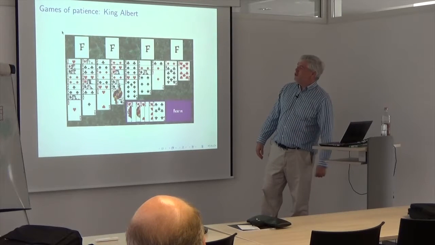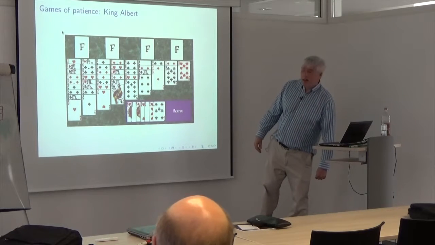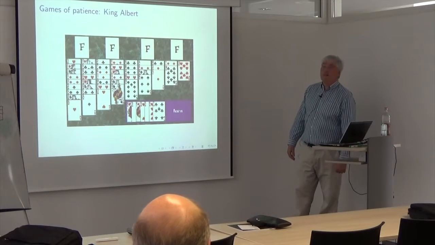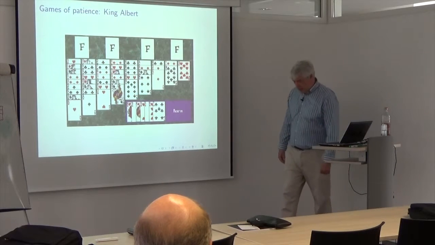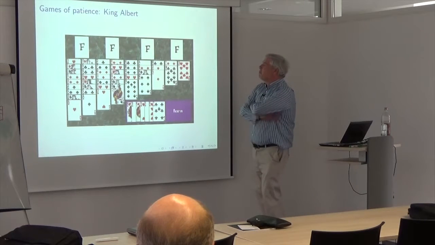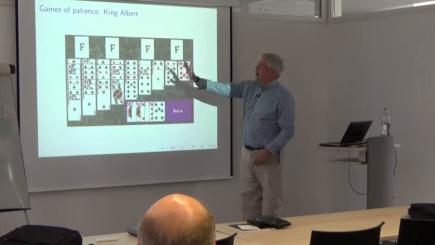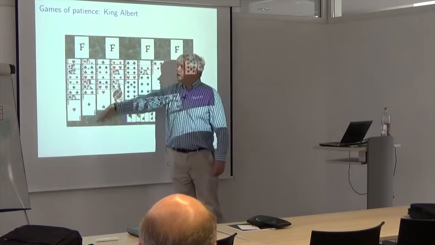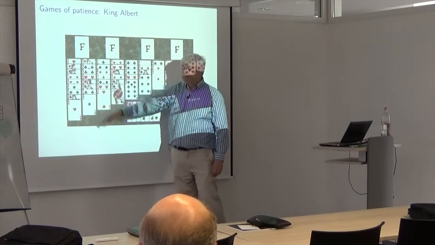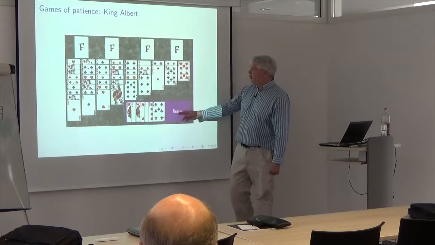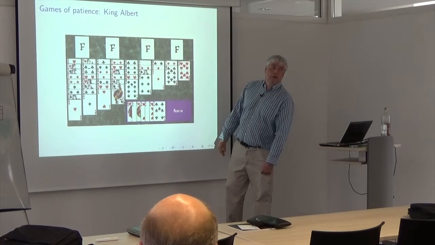I bet not many of you are familiar with this one. I chose it because it was a natural bridge between King Albert and Freecell. It's named after a king of the Belgians. And as you see, it looks rather like a game of Klondike, except there are now 9 columns and the cards aren't turned over at all. And instead of having that stock, it has what's called a reserve, or sometimes a Belgian reserve in the literature.